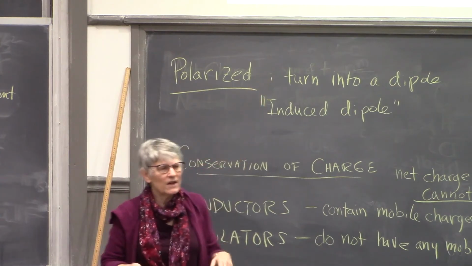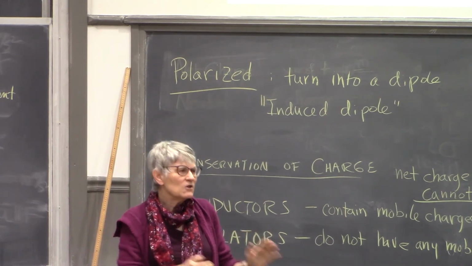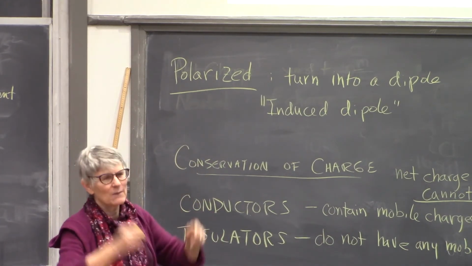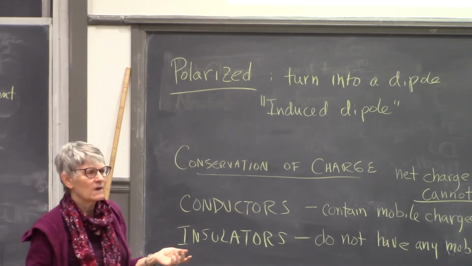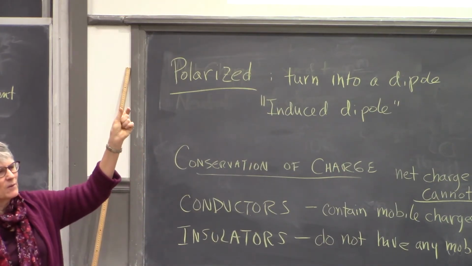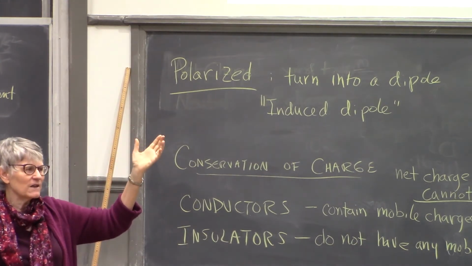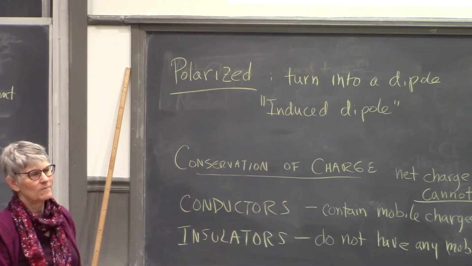This atom is called an induced dipole, meaning you induced it. You persuaded it to become a dipole by bringing a charge near it. And it's different from HCl, which is a permanent dipole, because if we took this charge away, it would go back to being completely spherically symmetric, right?